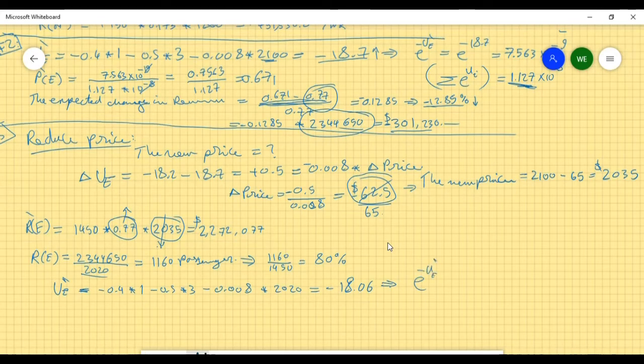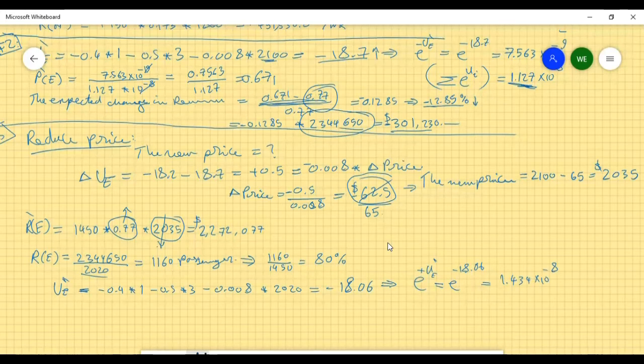Double dash here does not mean second differentiation or second order differentiation. So it's e to the power minus 18.06. So this will be 1.434 multiplied by 10 to the power minus 8.